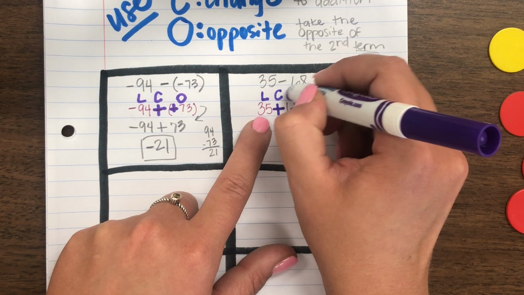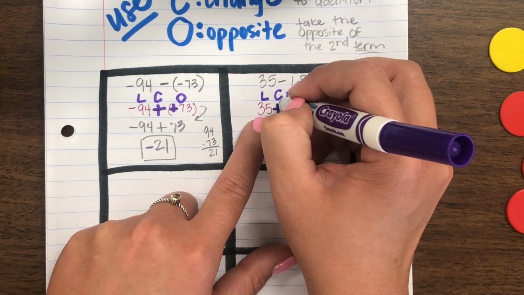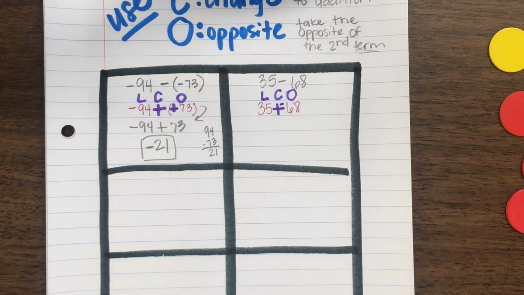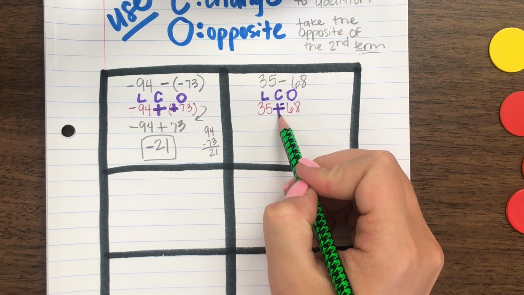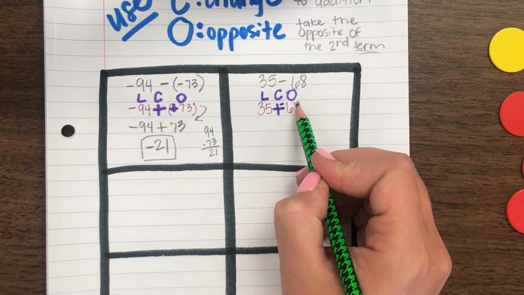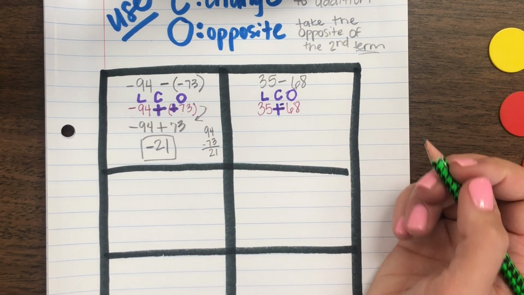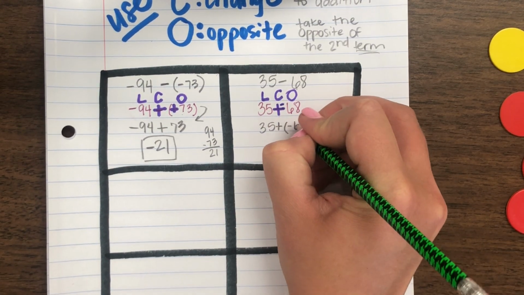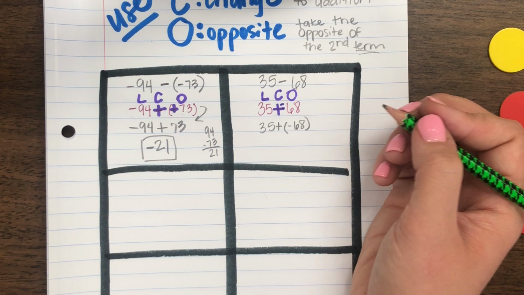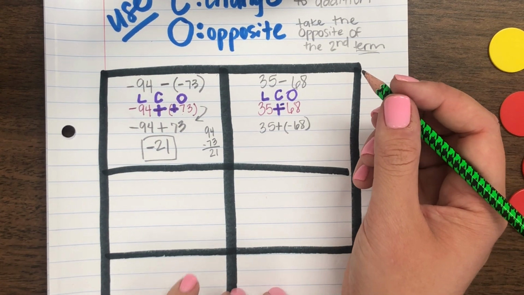And I need the opposite of 68, which is negative 68. So now we got 35 plus negative 68, which is just an integer addition problem.